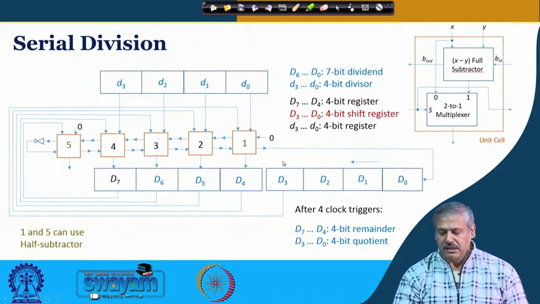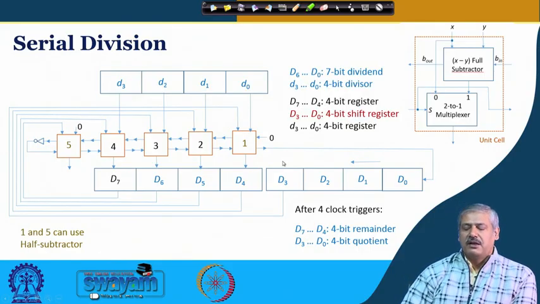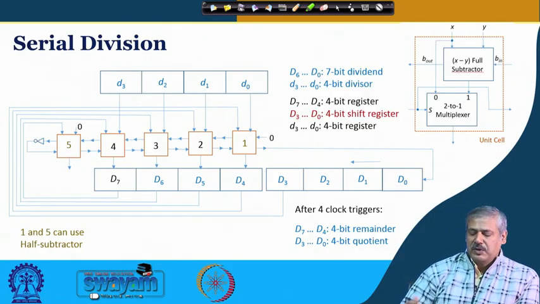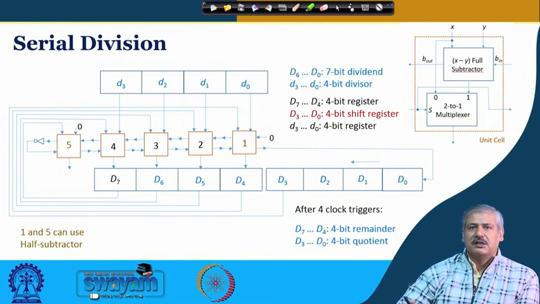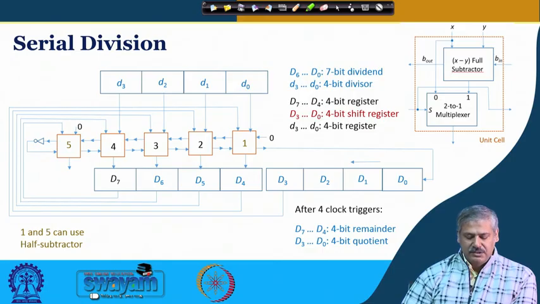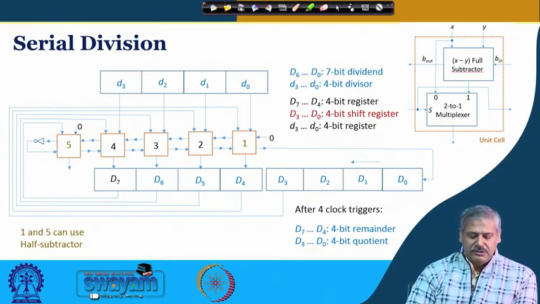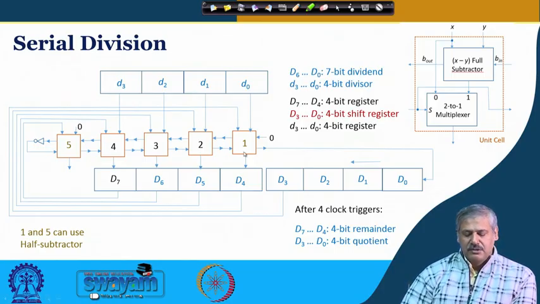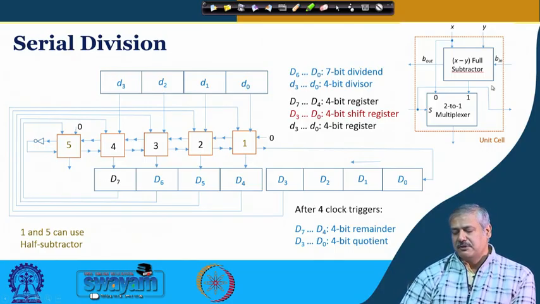The same thing is implemented in the same manner. The example that we had seen, you can just put over here, and with the clock you can see it moves in exactly the same manner, and the same result will be found at the end. And as we had mentioned in the previous case, here also this 1 and 5 could use half subtractor instead of full subtractor.